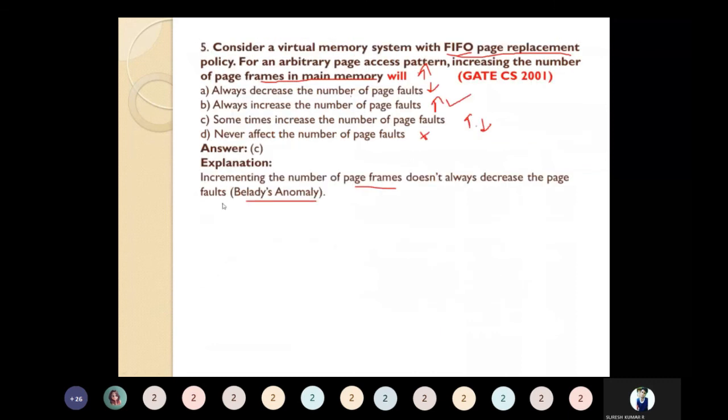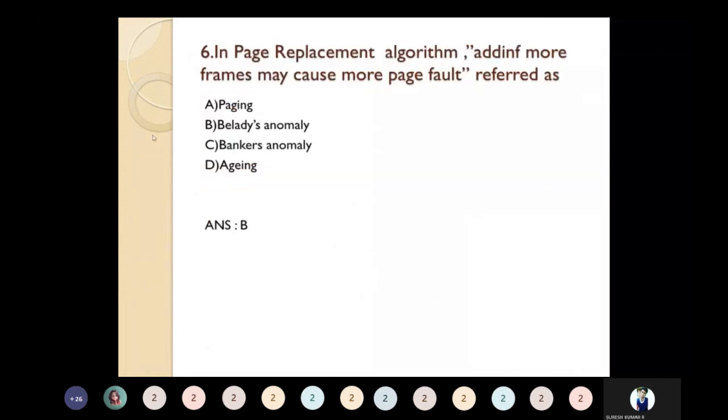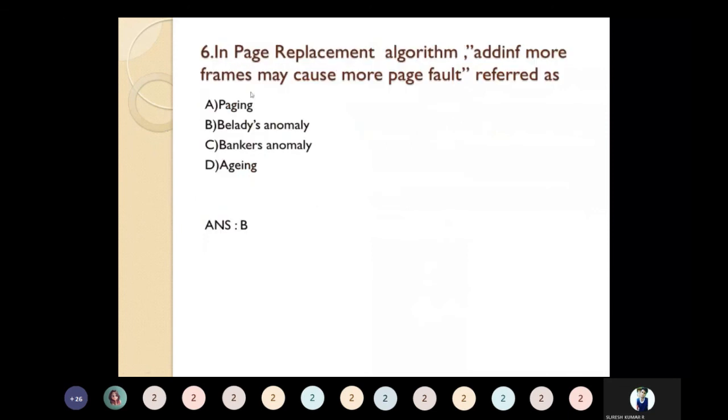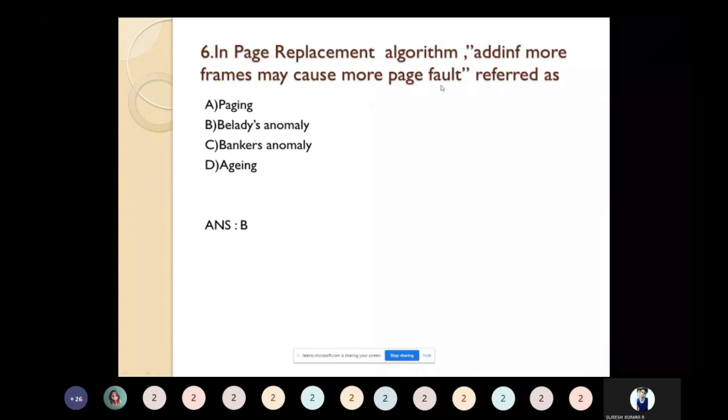Okay, next question. These three MCQs, 4, 5, and this one, are very similar. The sixth question: in a page replacement algorithm, adding more frames may cause more page faults. Referred to as which method, which algorithm?